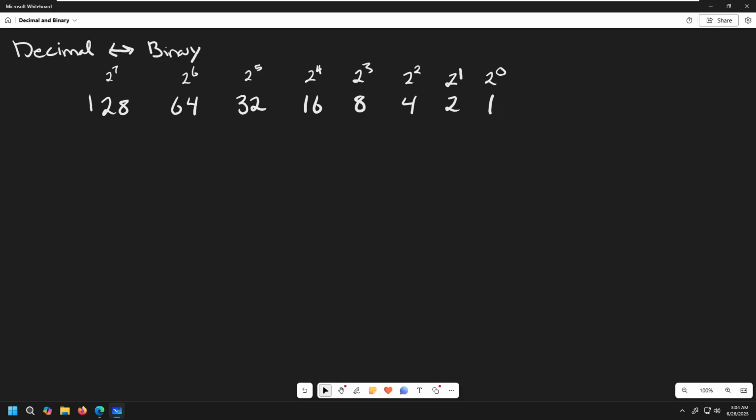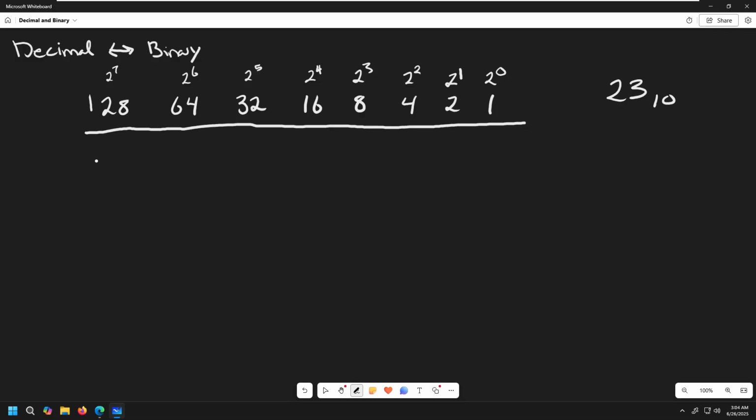Okay, let's do a couple more. Let's do a lower number. Let's try 23 base 10. Let's see if I can do that better. I'm going to draw a line here so I can always erase below it.